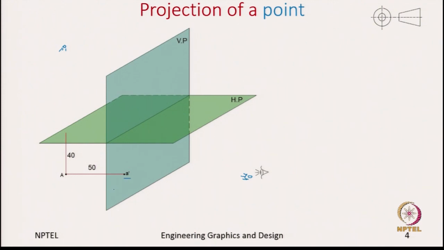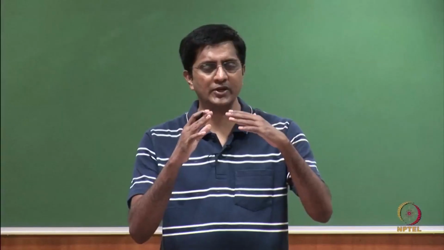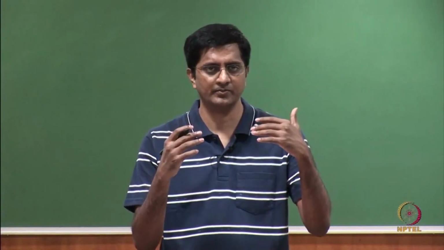By doing this we capture A prime, which is the front view, and for the top view we capture the point A, which are at units of 40 and 50, which we already have seen in the previous slide. Again we notice that the front view and the top view are in two perpendicular planes, and we need to bring them into a single plane.